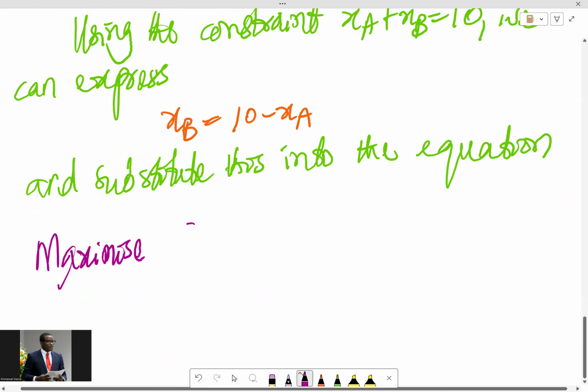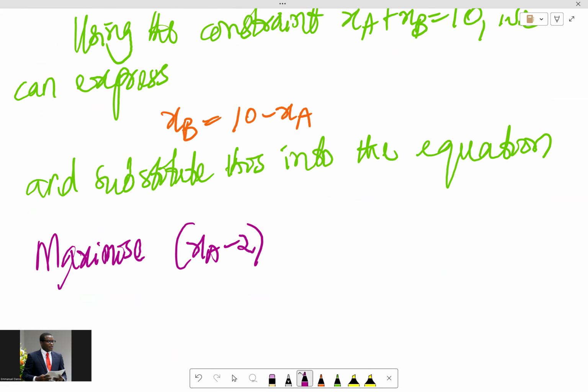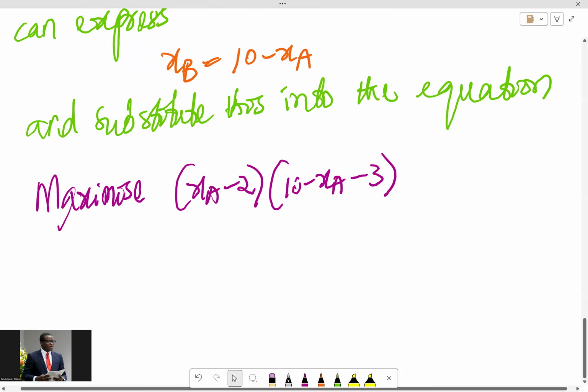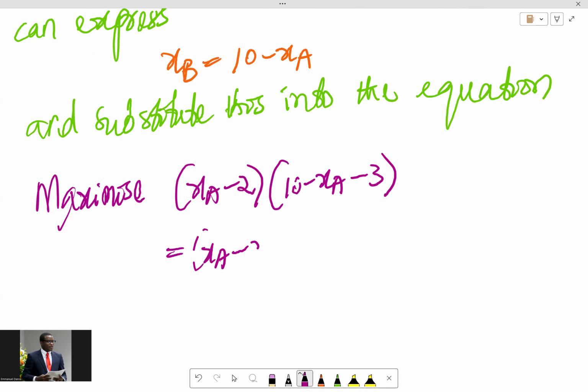So we have XA minus 2, and instead of XB minus 3, now we have 10 minus XA minus 3. So this is the same thing as XA minus 2 into 10 minus 3, that's 7 minus XA.